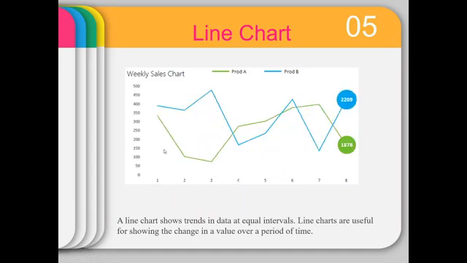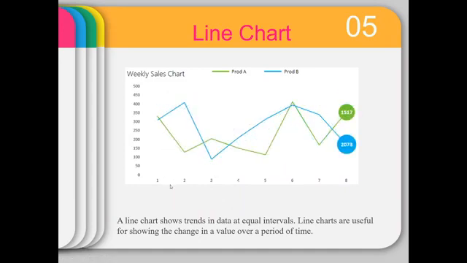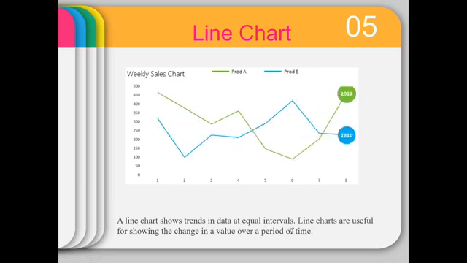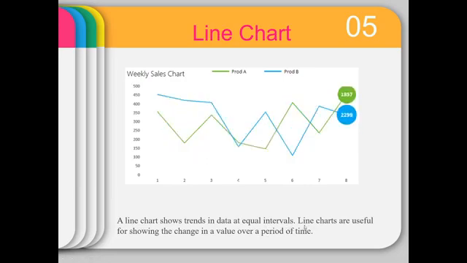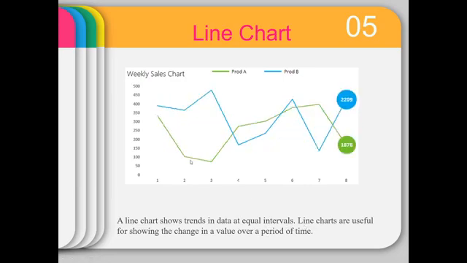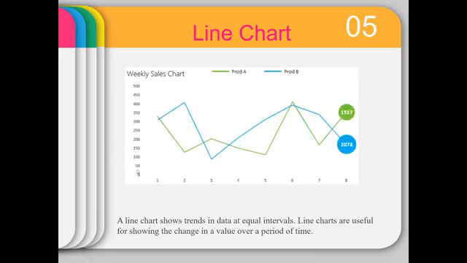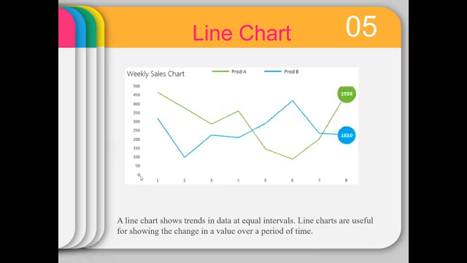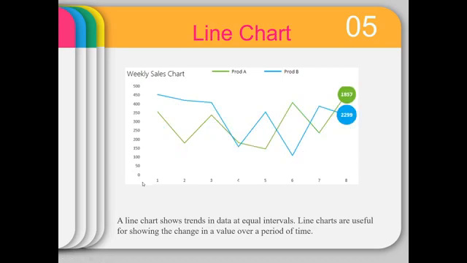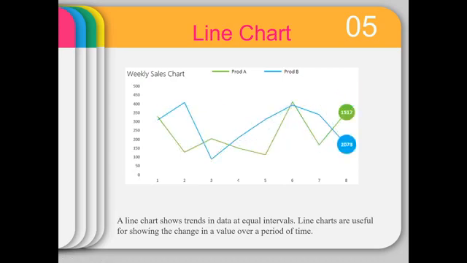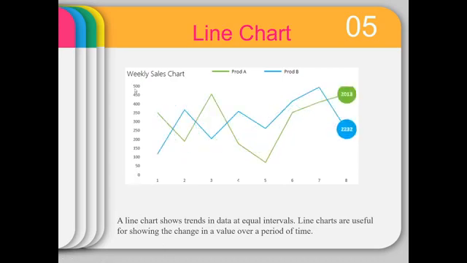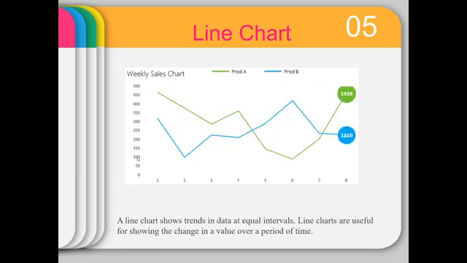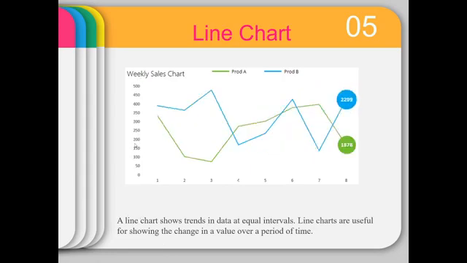Line chart shows trends in data at equal intervals. Here, equal interval is set to 50 as the vertical axis values given here are from 0 to 500 with an interval of 50.